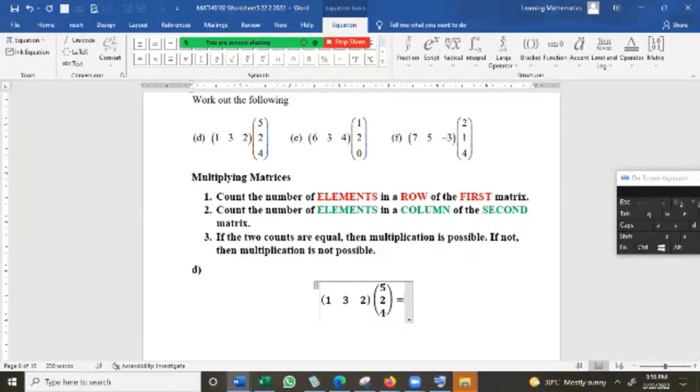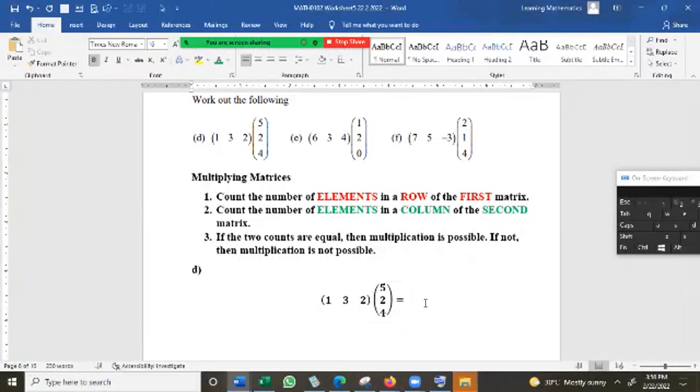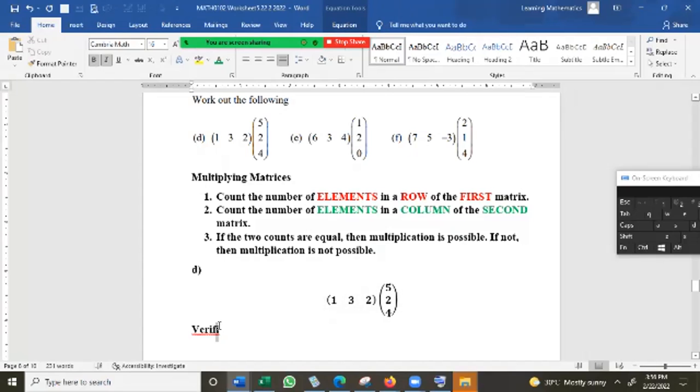Let us see if multiplication is possible. So let's verify if multiplying is possible.